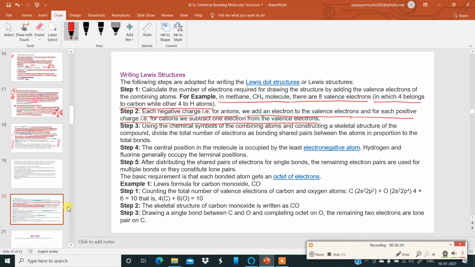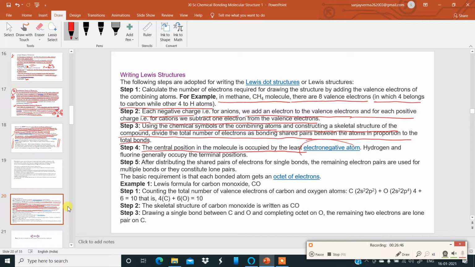That is a rule. Then step 3, using the chemical symbols of the combining atoms, construct a skeletal structure of the compound, and divide the total number of electrons as bonding shared pairs between the atoms in proportion to the total bonds. Step 4, the central position in the molecule is occupied by the least electronegative atom.